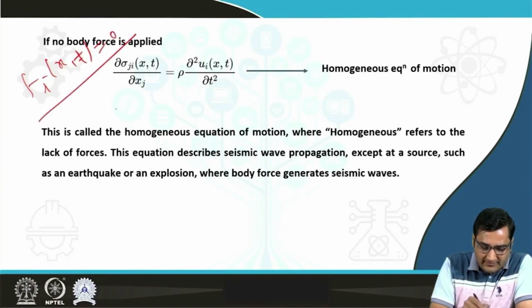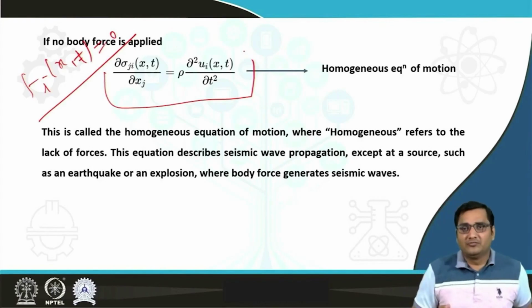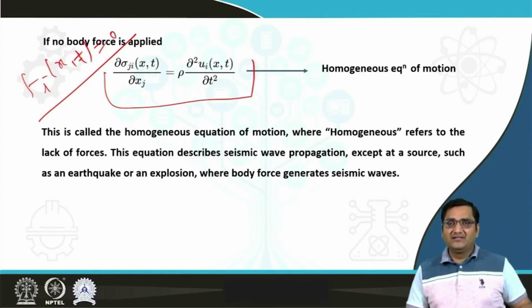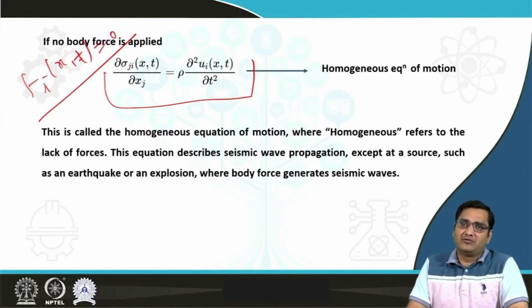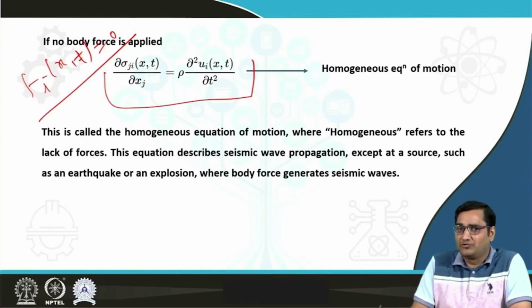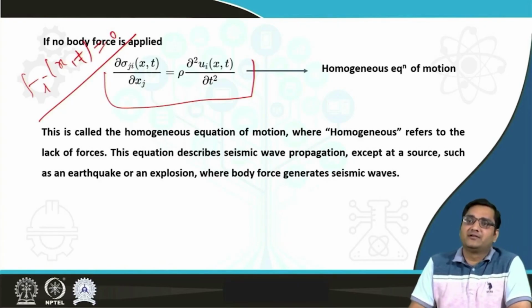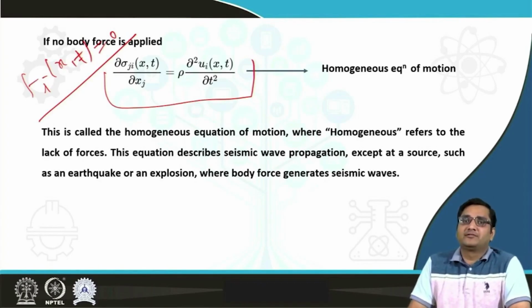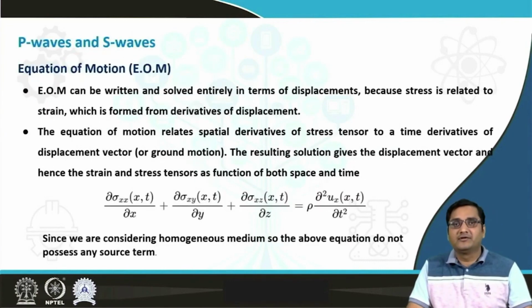In that case, the equation of motion will become something like this, and that will be known as the homogeneous equation of motion. Because if we are not talking about the forces at the source location, or about an explosion, this equation describes the seismic wave propagation. That means except at the source, such as an earthquake or an explosion, where body force generates seismic waves.